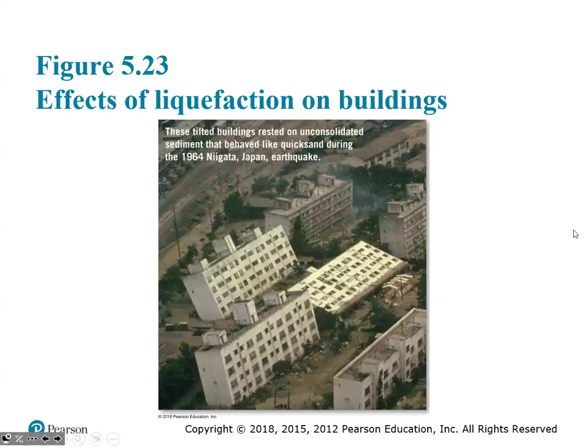So here are some examples. These tilted buildings were rested on unconsolidated sediment that behaved like quicksand during the 1964 Niigata, Japan earthquake, and they basically fell over, which is both amusing and terrifying.